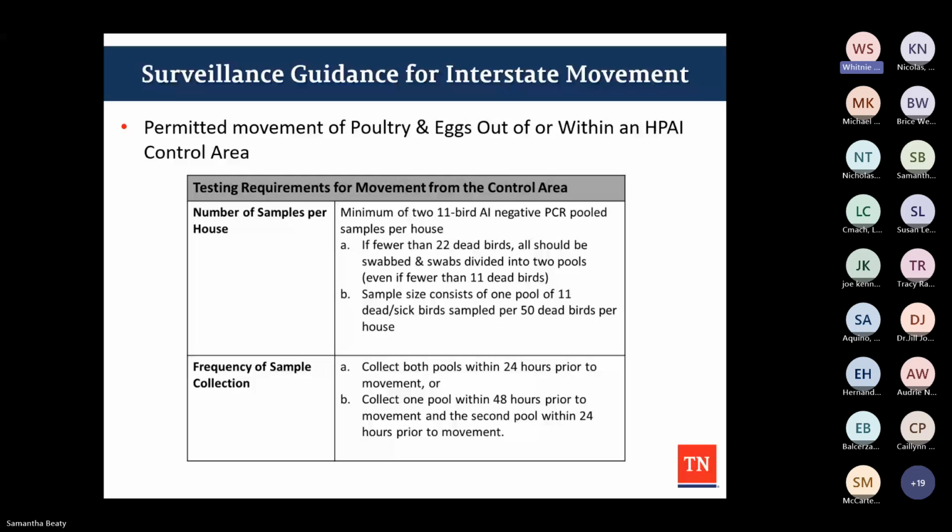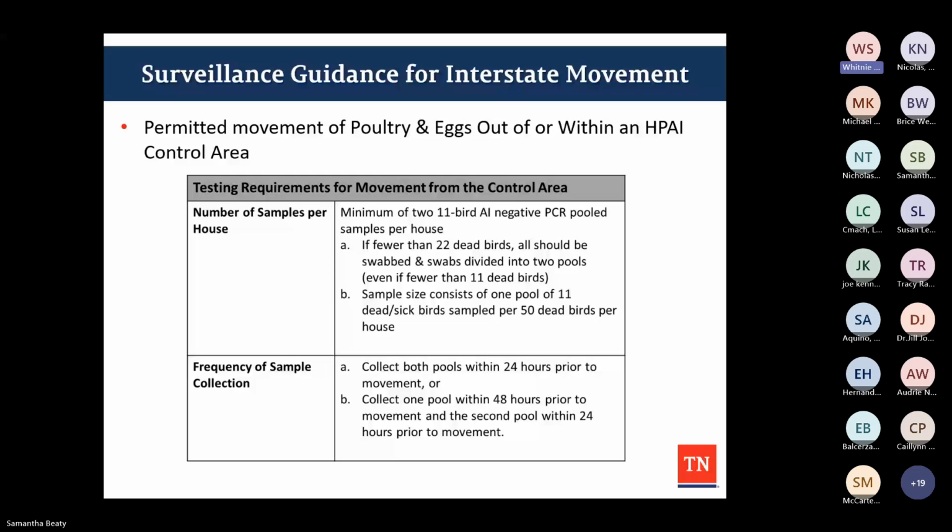Because you have to do 2 pools, you can either do both of those 24 hours before the movement, or you can do one pool at 24 hours and the second pool at 48 hours, or 48 and 24. That's just dependent on the company or the farm, whatever works best for you to collect those samples.